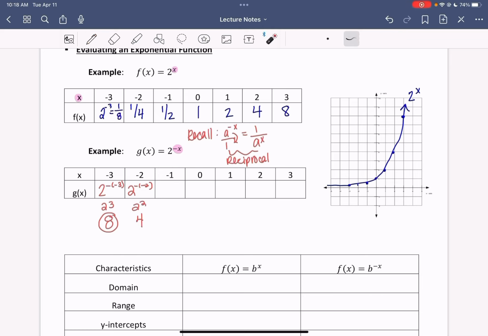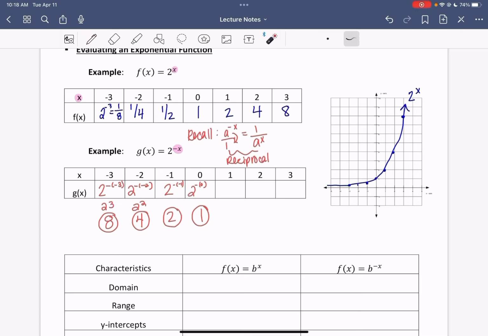You can see these are the same values, but they've been flip-flopped. So it gives me 1, this is 2, because that's 2 to the negative 1, so just positive 2. This gives me 2 to the negative 0, which is just 2 to the 0, so it gives me 1.